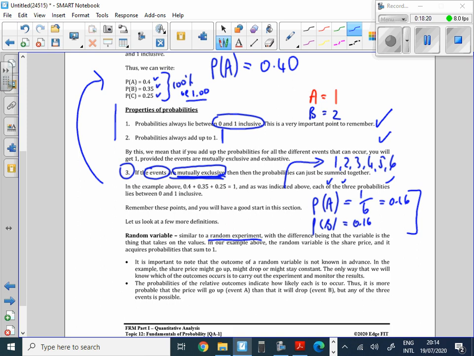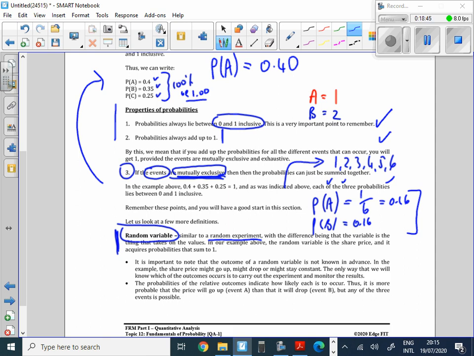What's interesting, guys, and very important that we get this concept right now, random variable, by the way, is topic 13. So we're seeing a bit of a definition for it up front. The variable is the thing that takes on the values. For example, the random variable in our previous case is the share price.